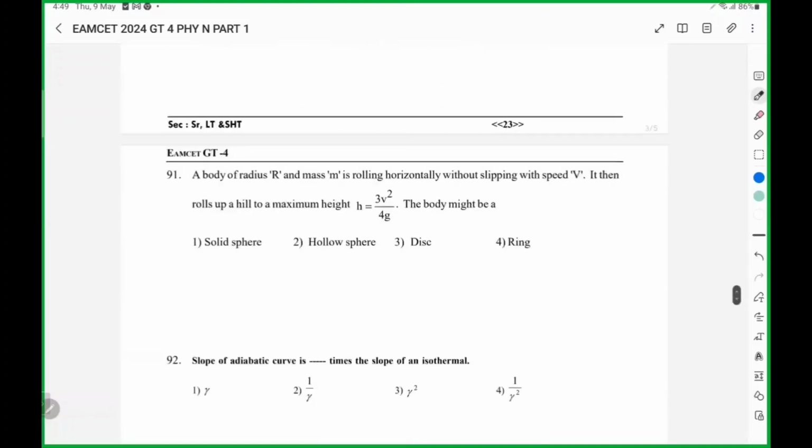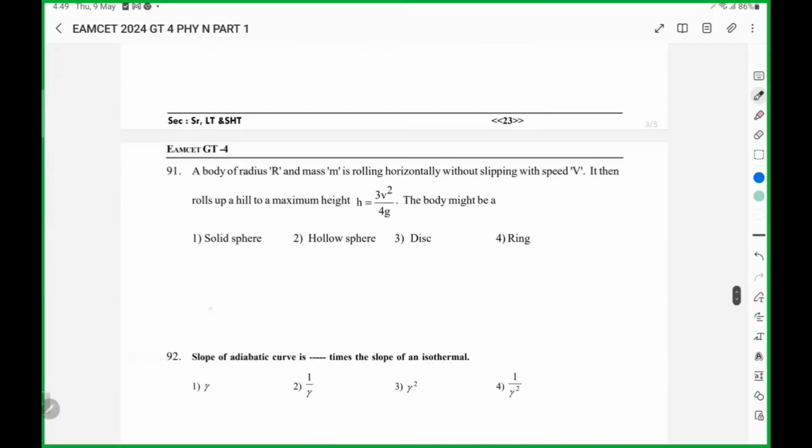First statement is correct. A body of mass m, a spherical body whose radius is r, rolling horizontally without slipping with a velocity v, then rolls up to a maximum height 3v square by 4g.